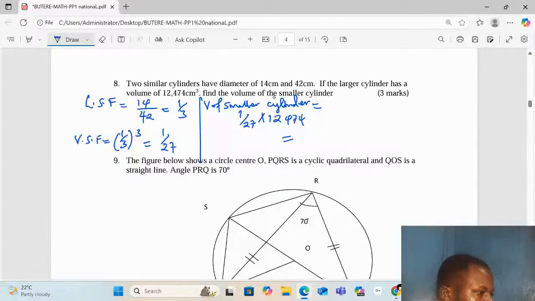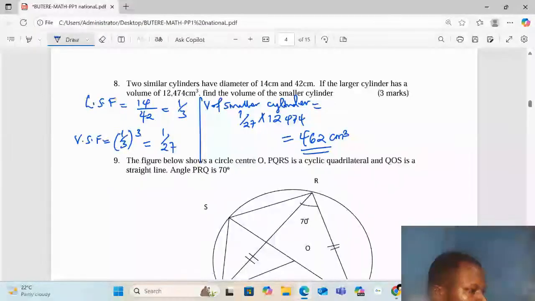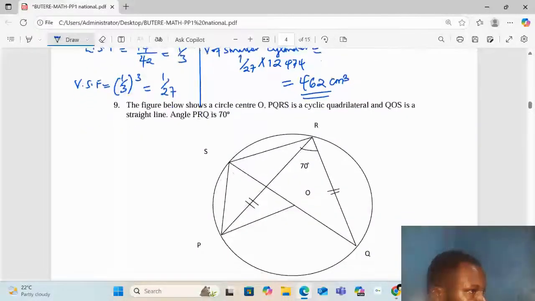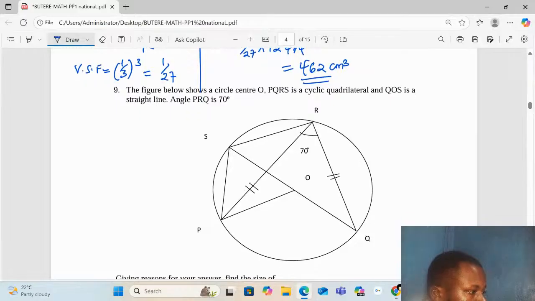So the volume of the smaller cylinder becomes 462 cubic centimeters. Simply multiply the volume scale factor with the volume of the larger cylinder for you to get the volume of the smaller cylinder.